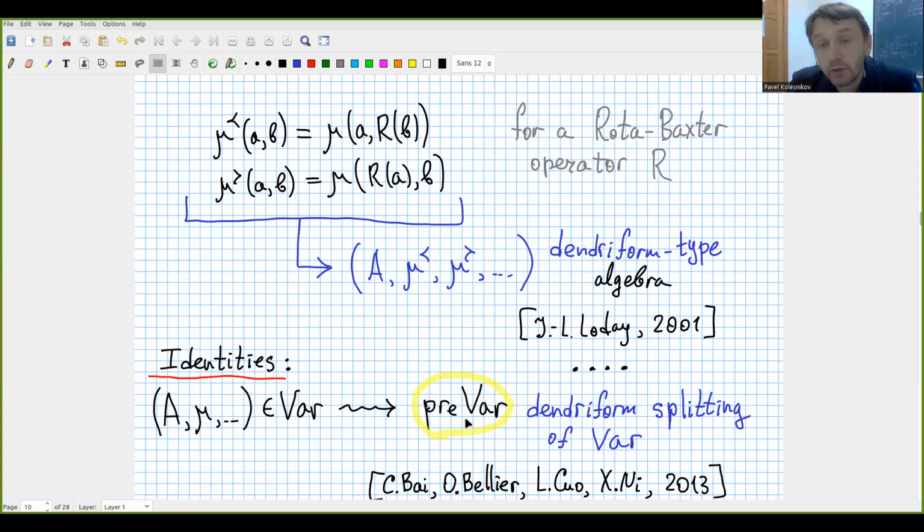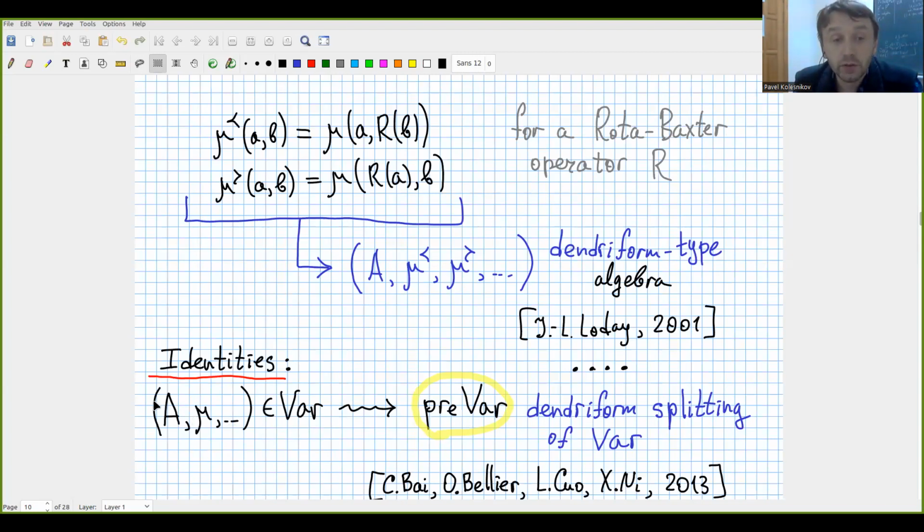Such algebras were studied by Loday, in particular, in his paper of 2001. He has a systematic study of dendriform algebras and all those similar algebras. But since then, let me state just a final answer.